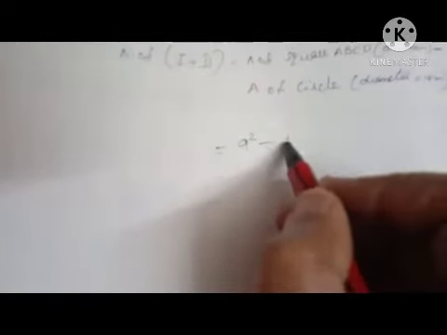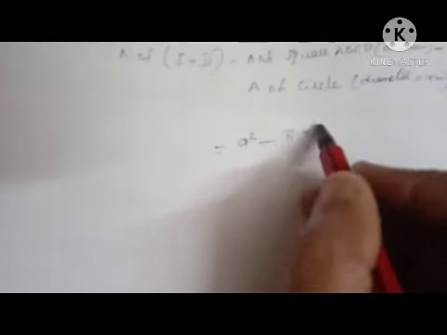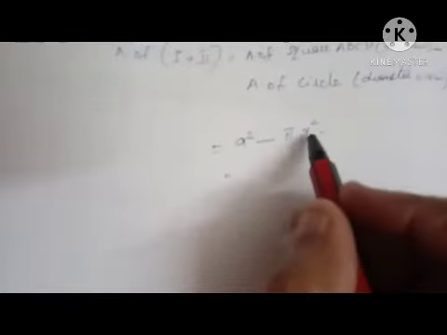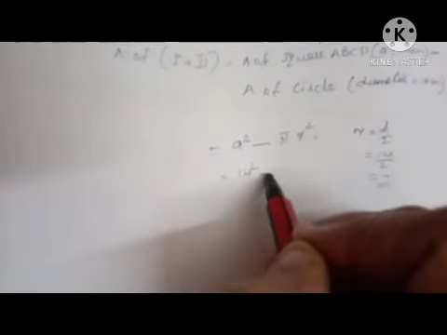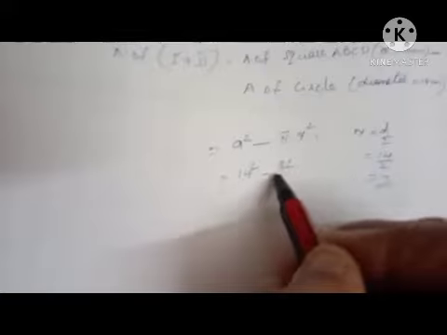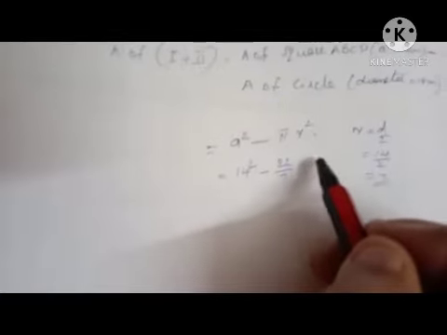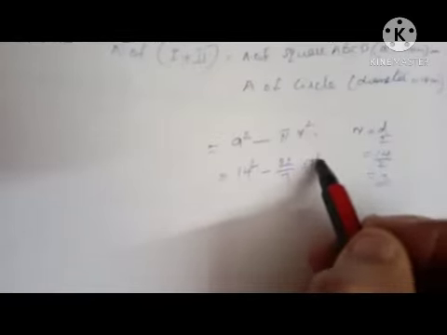Area of circle is pi r square. Okay, so here radius will be what? Diameter by 2. So radius equal d by 2 equal 14 by 2 equal 7. So area of square is 14 square minus pi, we can substitute as 22 by 7 into r square, means 7 square.